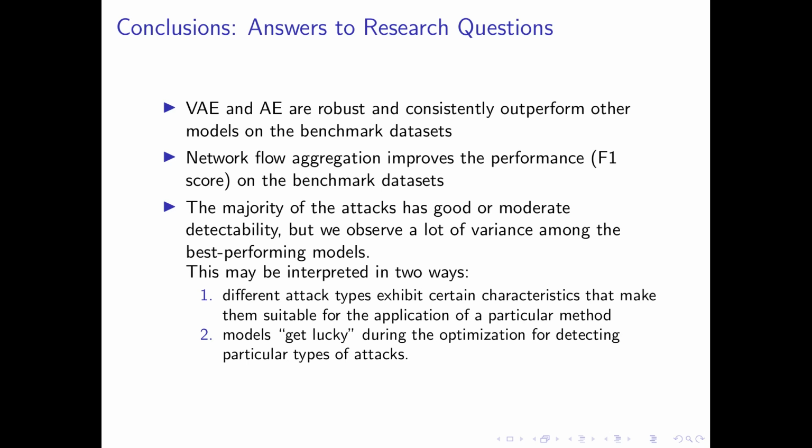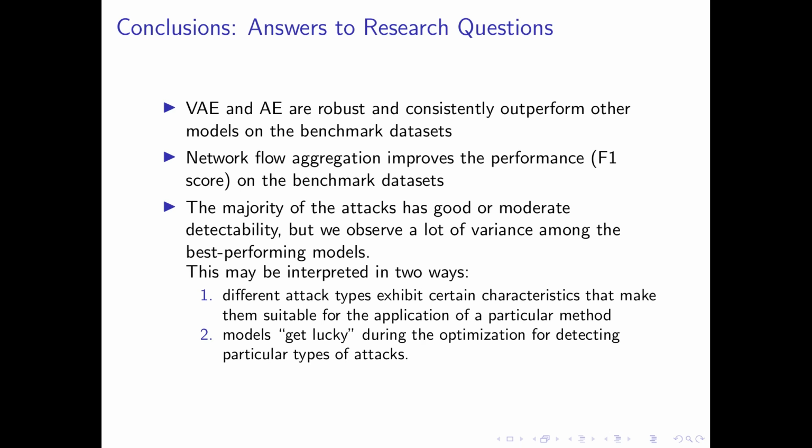But here let's jump to the conclusions and basically let's give the answers to the stated research questions. And the first answer, as we saw on the critical diagrams, is that variational-autoencoder and autoencoder seem to be the most robust and best performing models compared to the other algorithms.